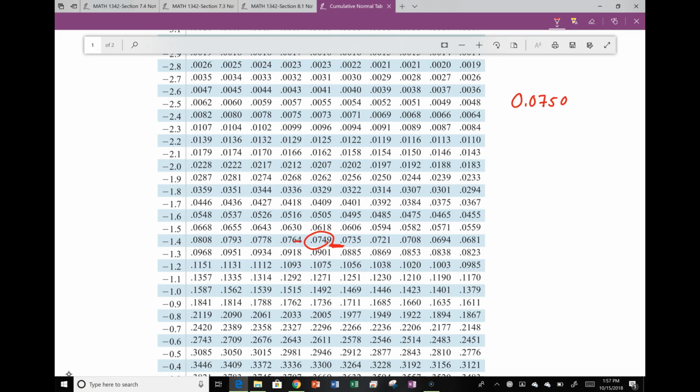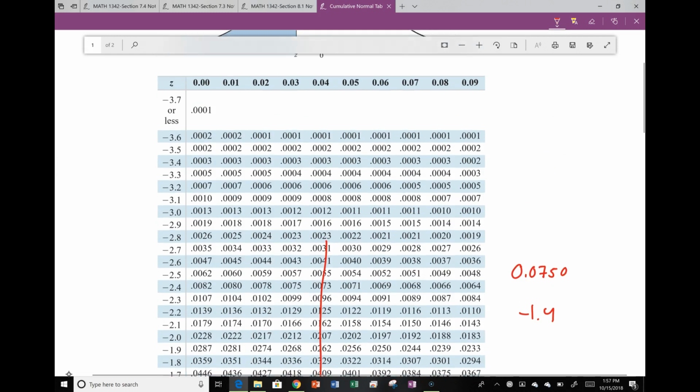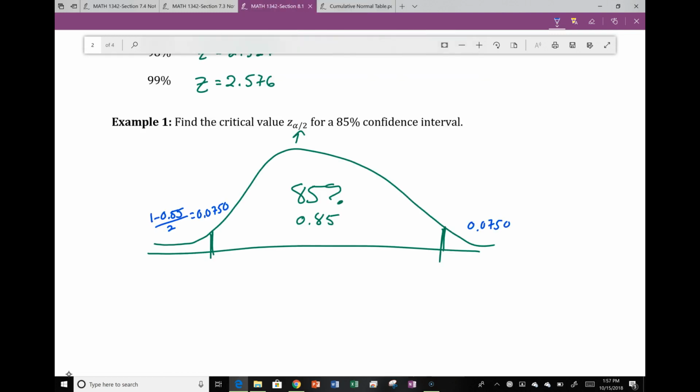I'm going to follow this out to find its z. So a negative 1.4, I got to follow it up to find the hundredths place, and that's a 4. So a negative 1.44 and a positive 1.44. So the critical value that we use, z alpha divided by 2, is a 1.44.